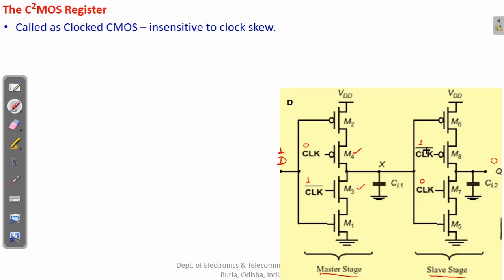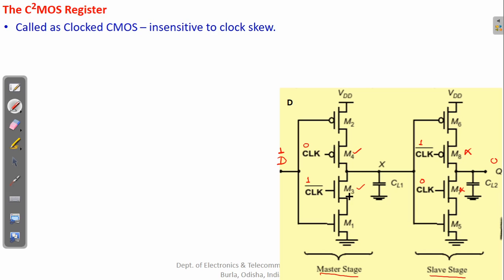Now high logic at the gate of PMOS turns it off, and similarly this NMOS is also off, not working. So basically this path is not available. It means that this node is disconnected from this node as well as from this node. So this is a kind of hanging node which is at high impedance, and these two transistors are available.